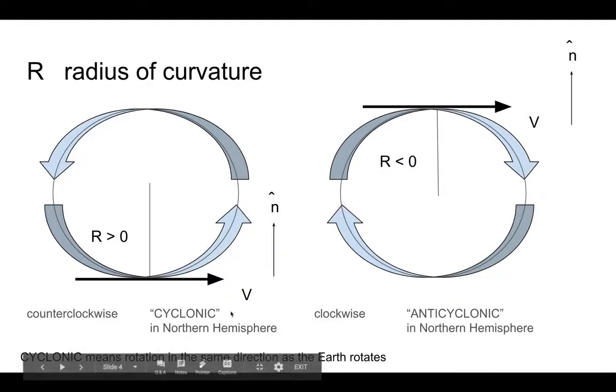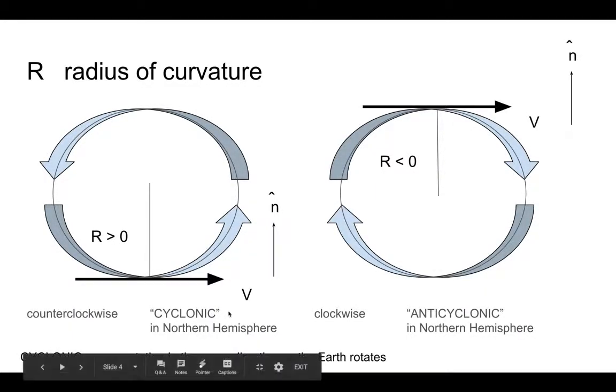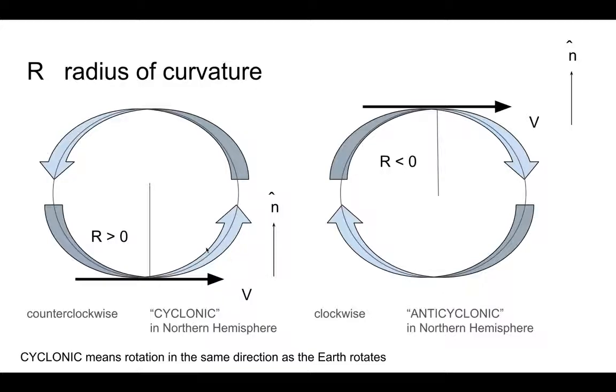There's some other important notation for these types of turning that we're going to start using. Cyclonic means that the rotation is in the same sense as the Earth's rotation.